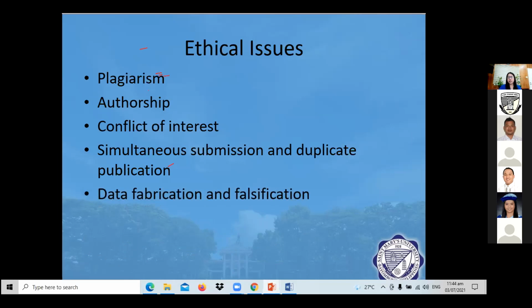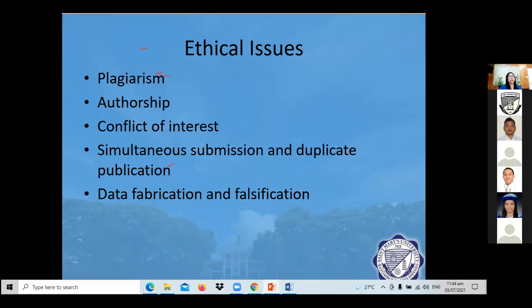Data fabrication and falsification. So these are the instances where you have your data, it's not favorable, but the researchers or the authors would like to modify the result just to bring out the expected result that they wanted.